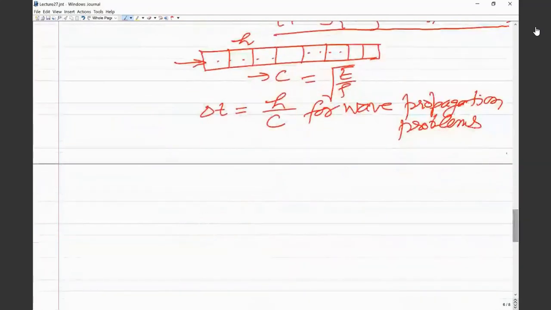Now another important thing is that these explicit techniques are used not only for dynamics problems, but also for statics problems. In commercial packages like Abaqus Explicit, LS-DYNA, or ANSYS Autodyn, you will find these explicit techniques used for solving statics problems.